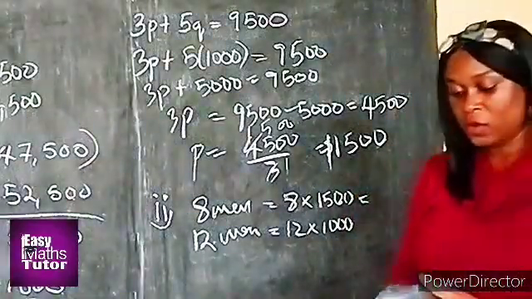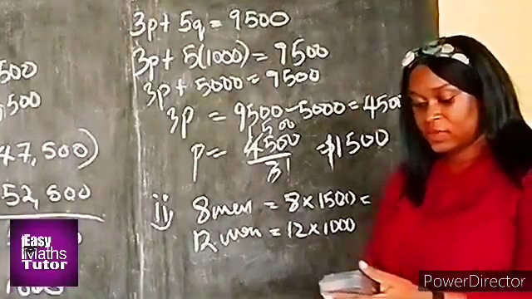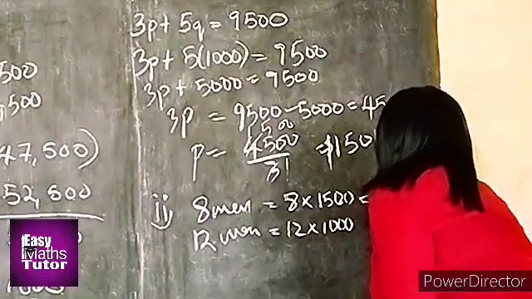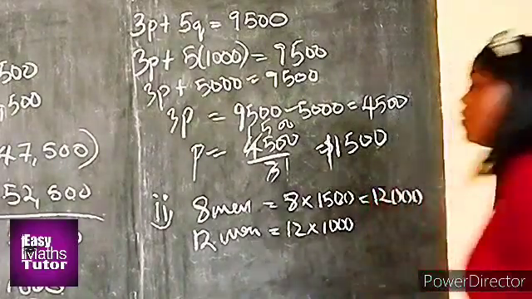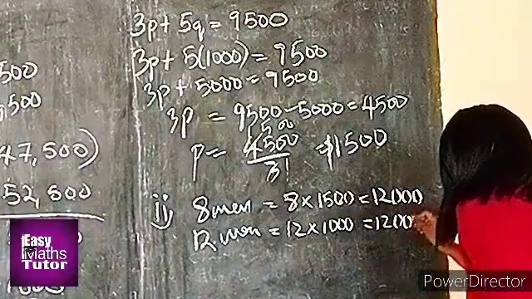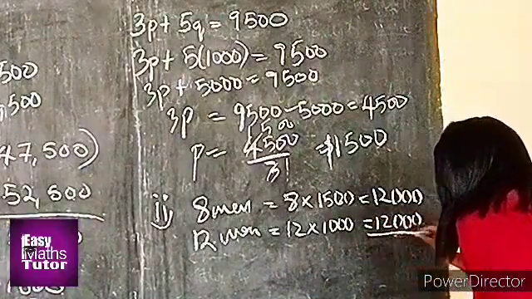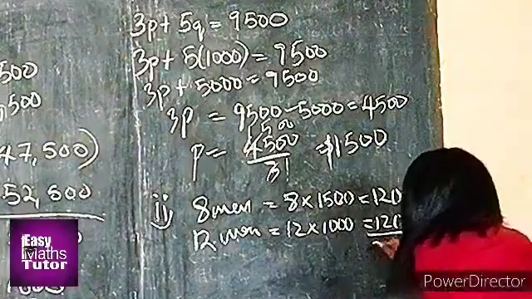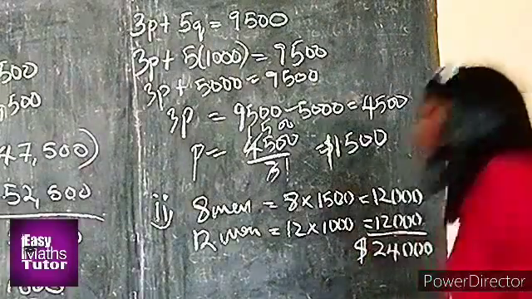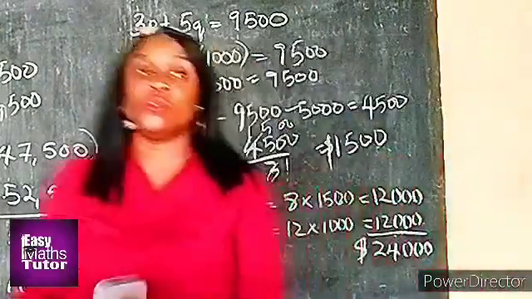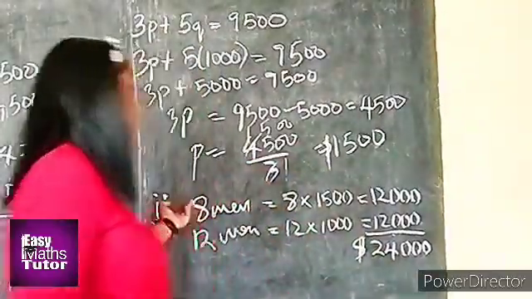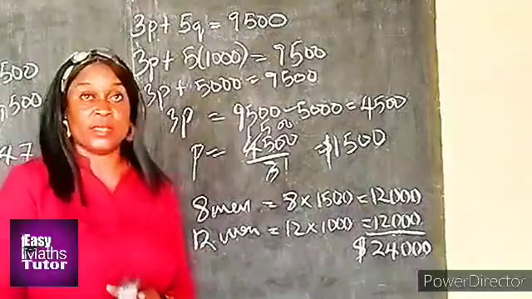So we use a calculator. 8 times 1,500 gives us 12,000, while 12 times 1,000 gives us 12,000. If we sum this up, we're going to have $24,000. And this is the total amount contributed by 8 men and 12 women.